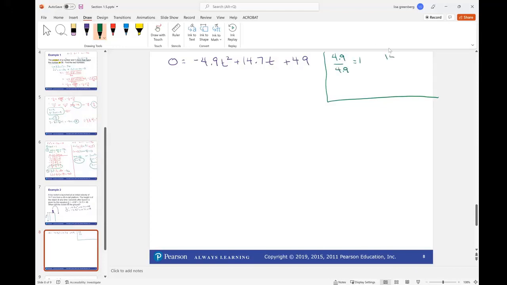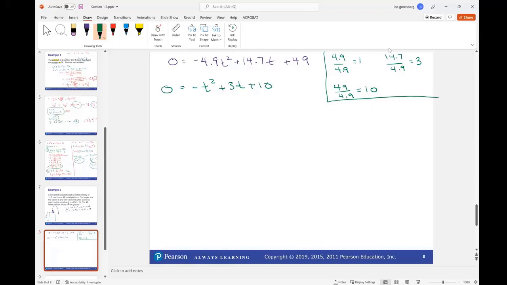If you take 14.7 and divide it by 4.9, you actually get 3. And if you take 49 and divide it by 4.9, you get 10. So that is one way we could do it, where we could say this is equal to negative t squared plus 3t plus 10 equals 0.